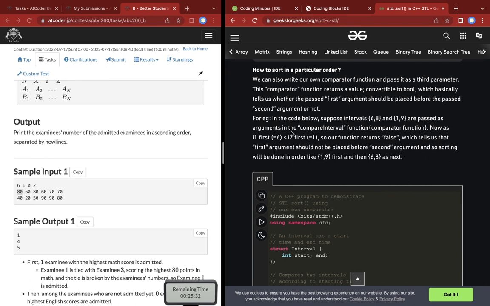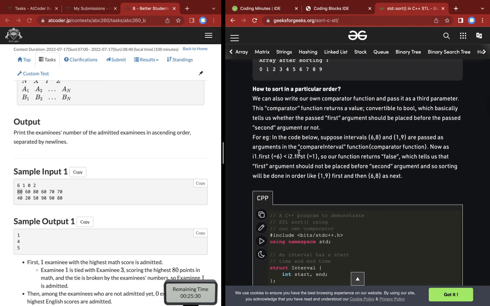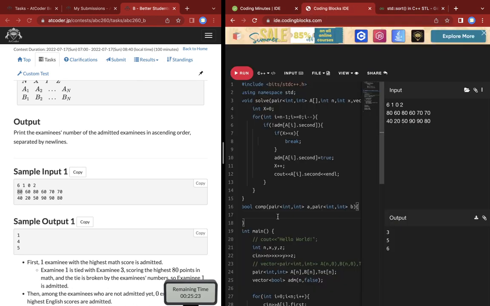I don't really understand this. Okay, the first argument should be placed before the second argument or not.